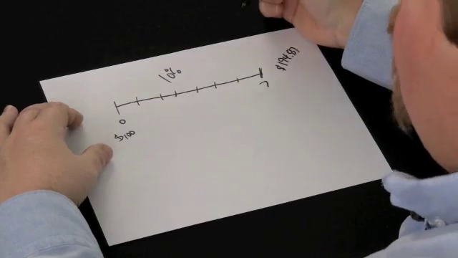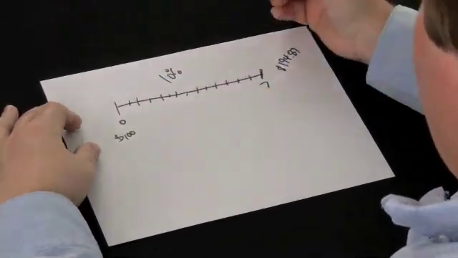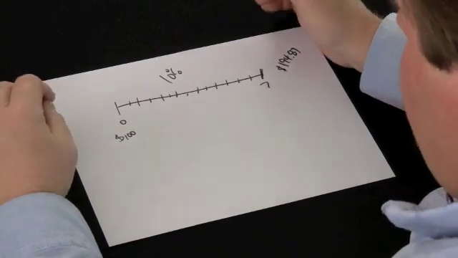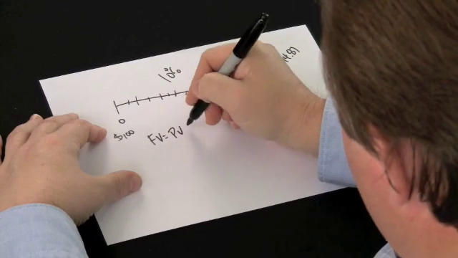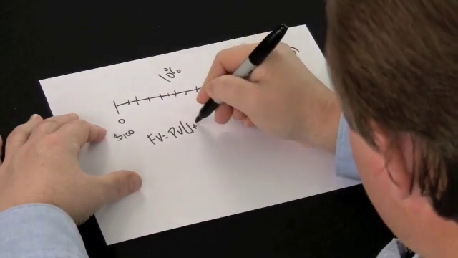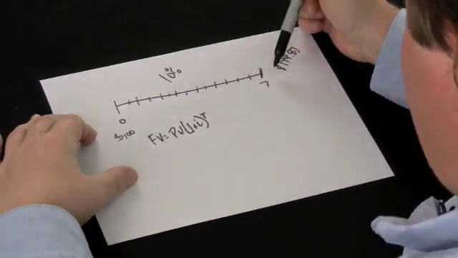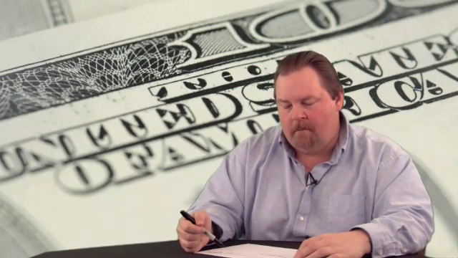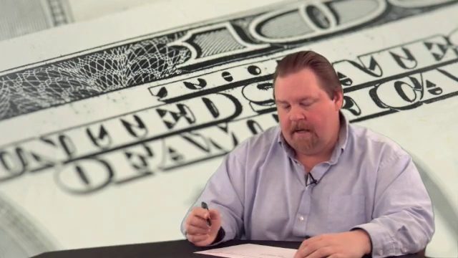But what if we cut the time period in half and compound every 6 months? Well, that changes our math just a little bit. So we know our future value equals our present value times 1 plus our interest rate raised to the number of time periods that we have. In this case, we're going to have more time periods or more payments than just annual, so we need to make an adjustment.